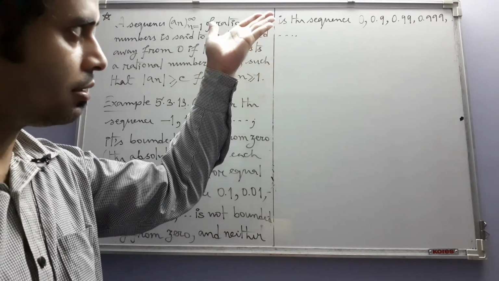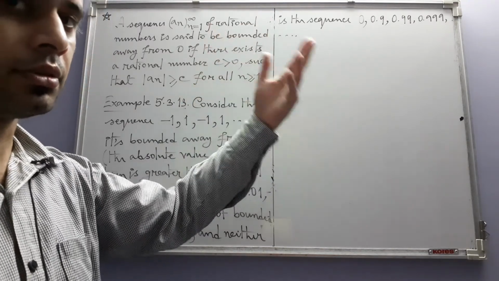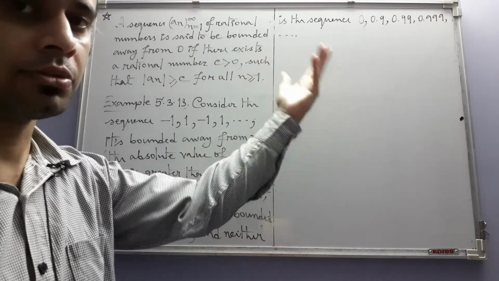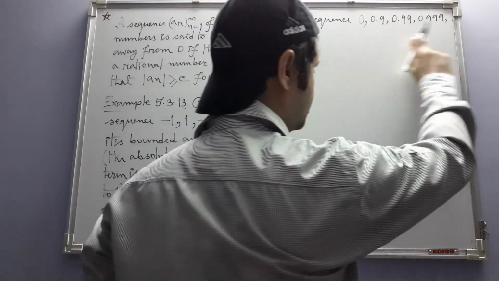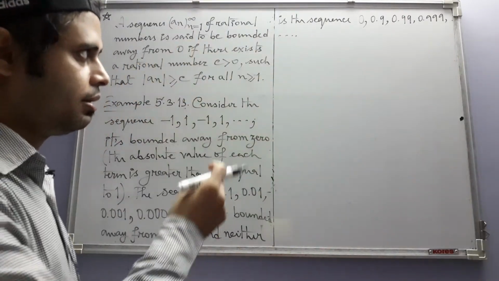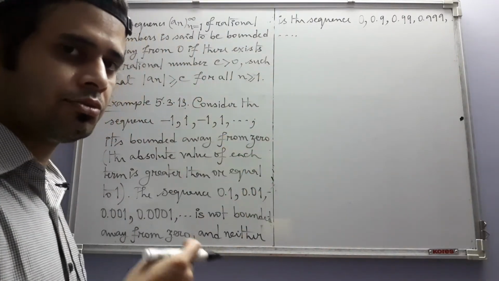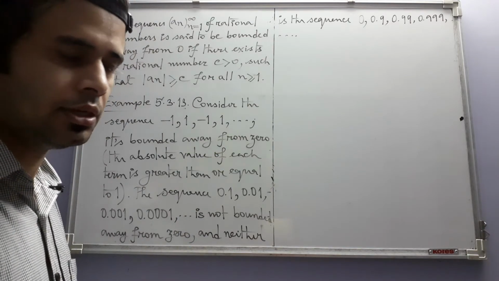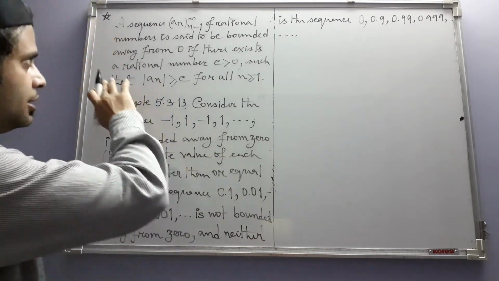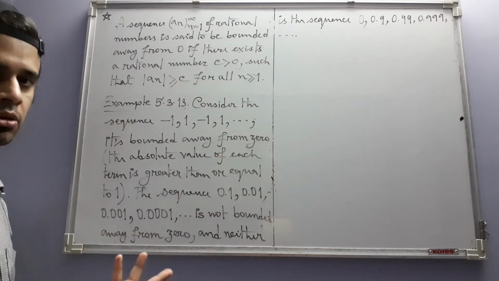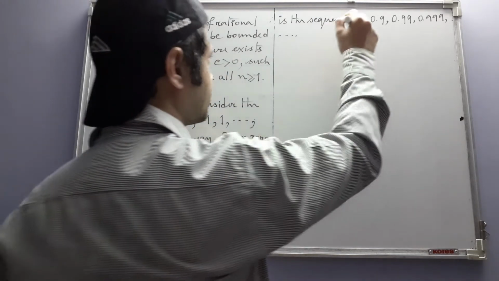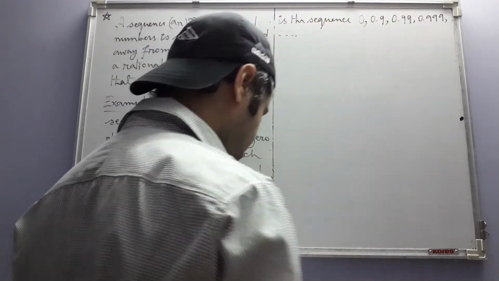So because of that very first term, this is not bounded away from 0, and that's why you can see that if in such a sequence you have even one 0 term, it fails to be bounded away from 0. So that's how this definition avoids such sequences where 0 terms can appear.